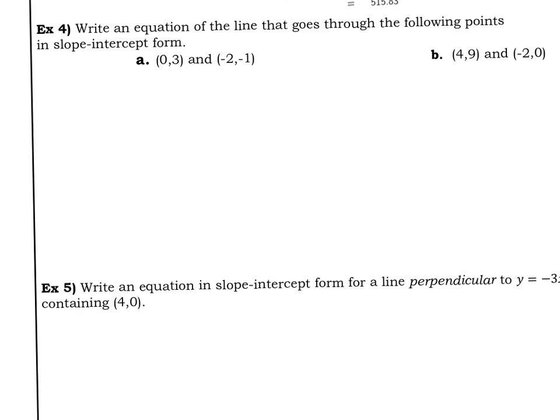Okay? So with example 4, I'm going to put it all together. The stuff we did in the last section, 3.3, calculating the slope by hand. Here I'm giving you 2 points, and we're going to have to calculate the slope by hand, then plug that in, and do everything we did in example 2.